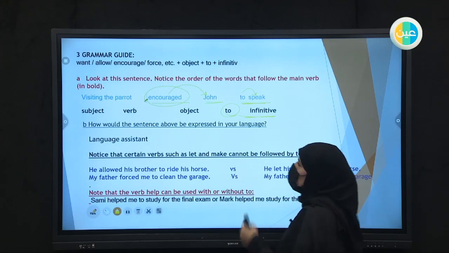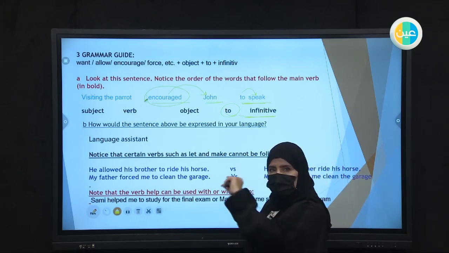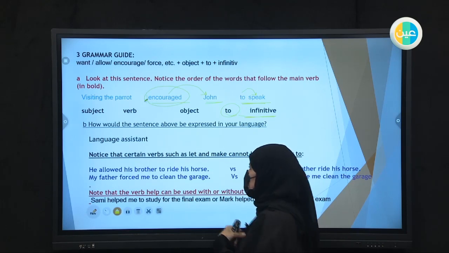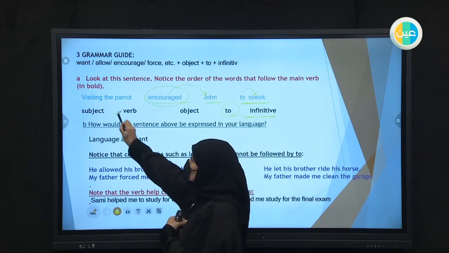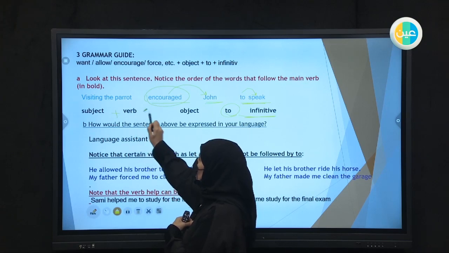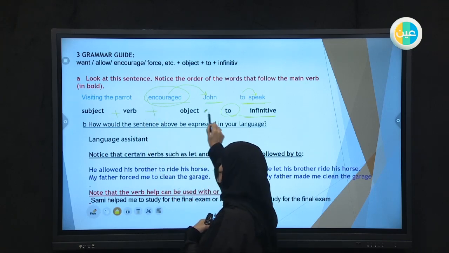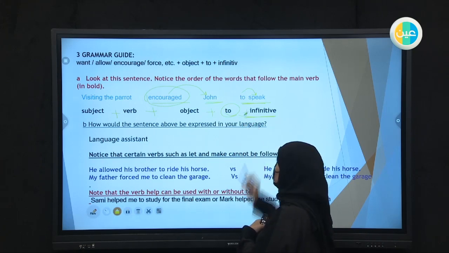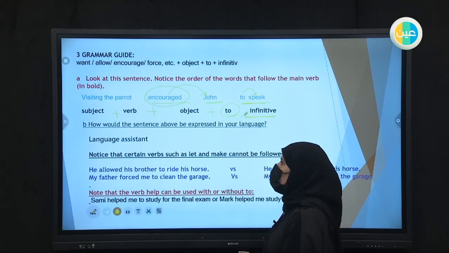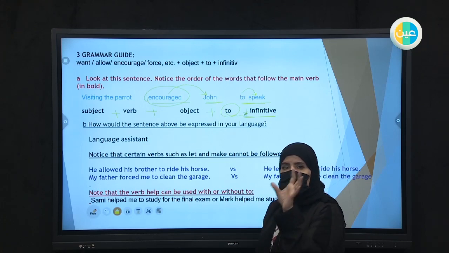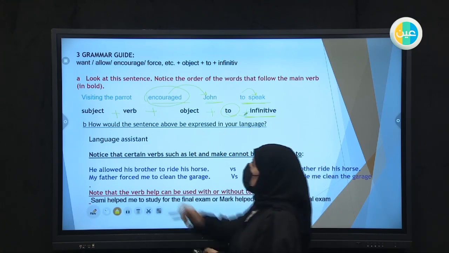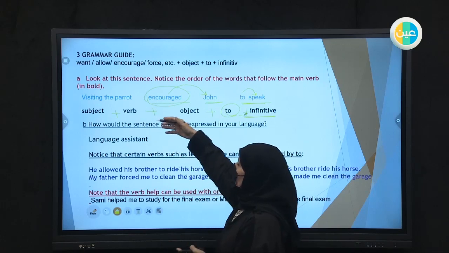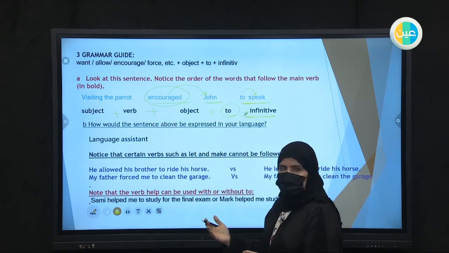So you have to remember this formulation to create your own sentence. Subject, don't forget, verb, after that object, then it follows with to, then the infinitive of the verb. الفاعل بعدها الفعل. الفعل إما يكون want أو allow أو encourage أو force.